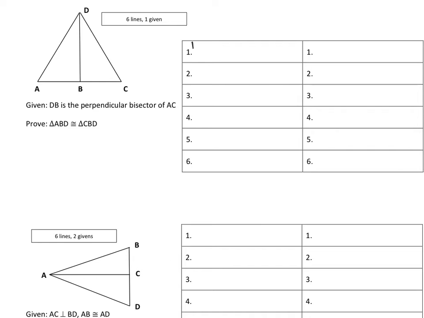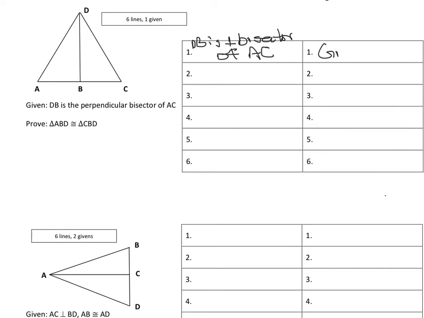They give me that DB is a perpendicular bisector of AC.